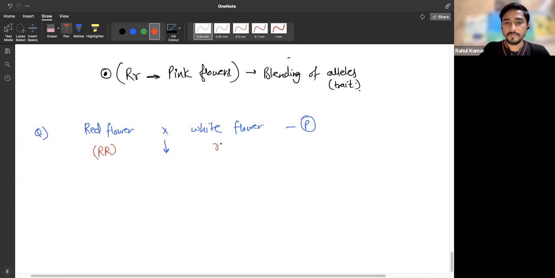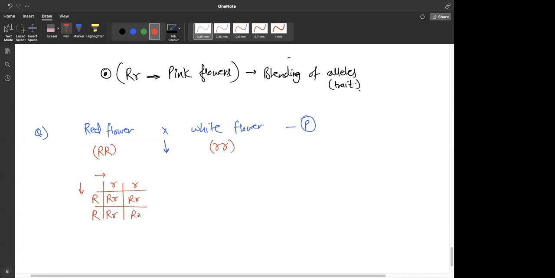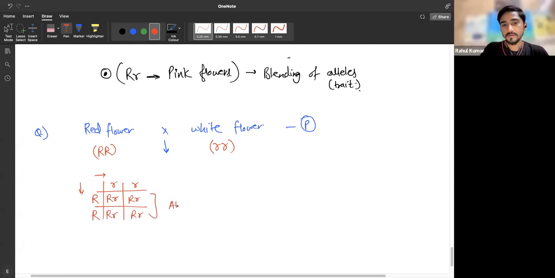Capital R, small r, the first generation. All of them will be pink. Yes, right. All pink flowers. So no genotypic or phenotypic ratio. Till here, it still makes sense. In law of dominance, all were tall, like the parent.